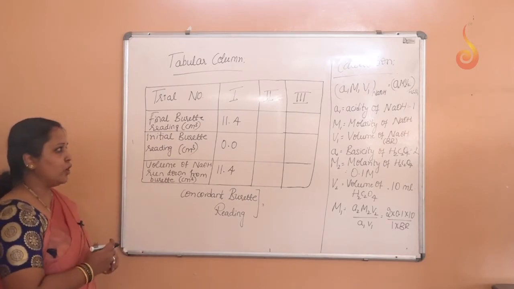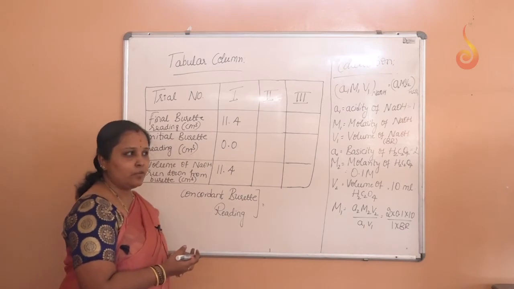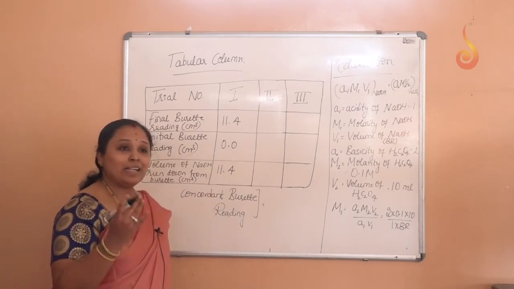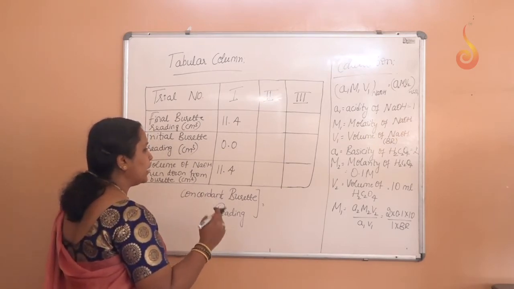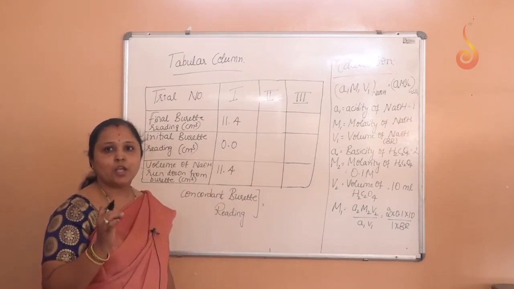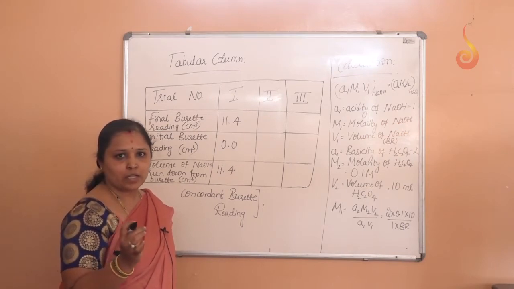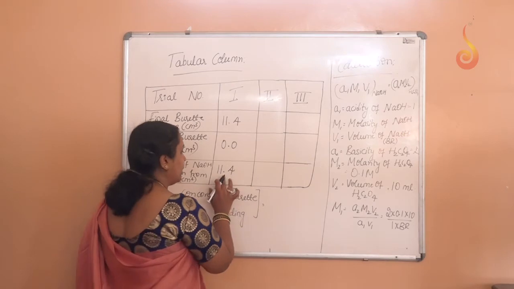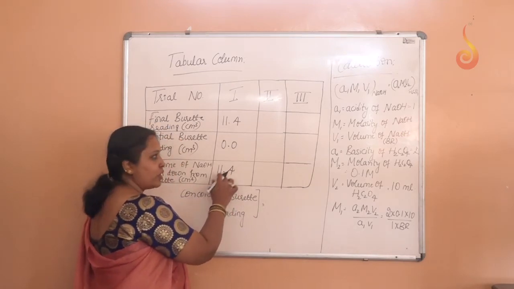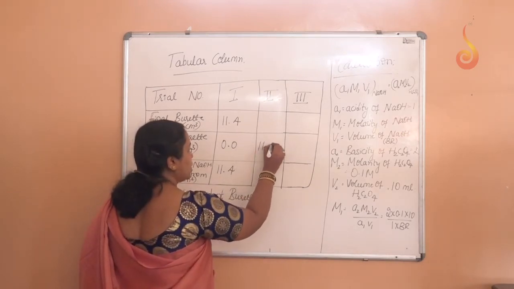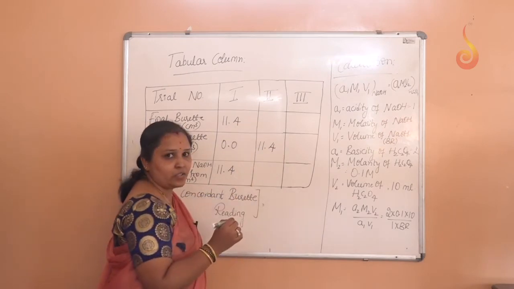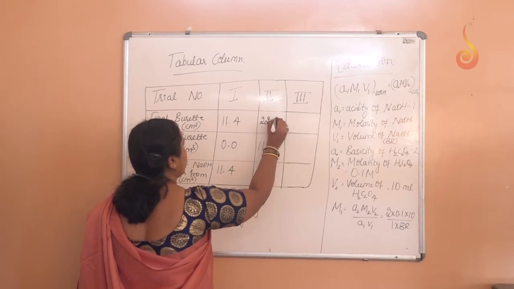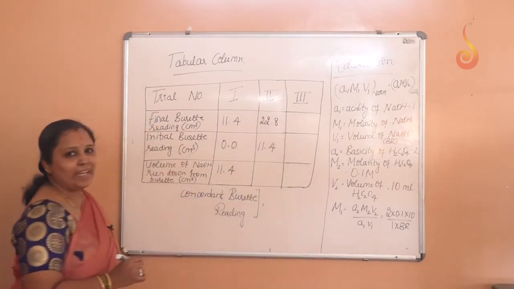Next, we carry on the same procedure until we get exactly the same values, which we call concordant values. For the second trial, no need to fill the burette again. The final value of the first trial will be the initial reading of the second trial, and the final reading of the second trial is 22.8 ml.